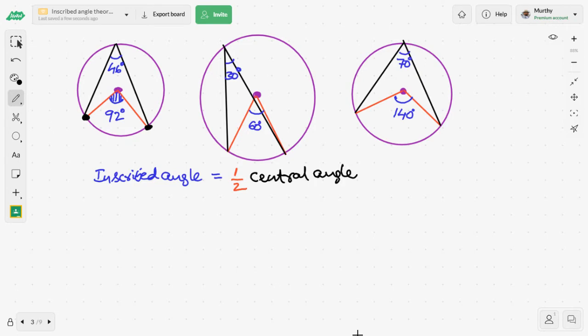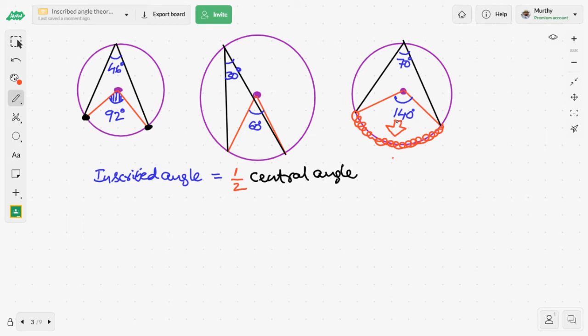One more important thing is the measure of the intercepted arc. You know what an intercepted arc is, right? The measure of the intercepted arc is the same as the central angle.